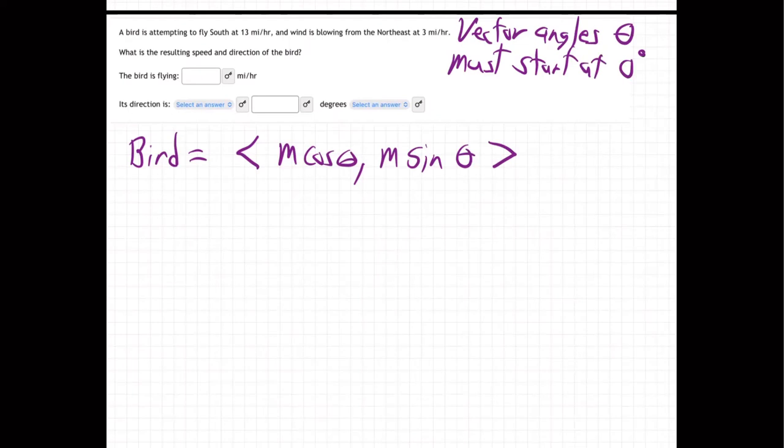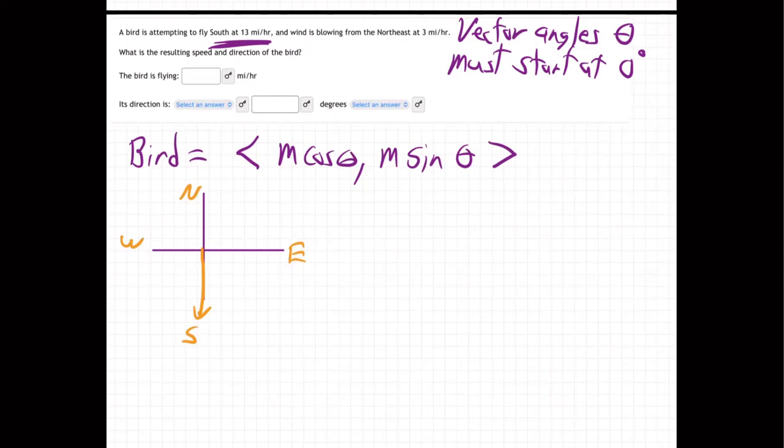Well, for the bird, let me draw the bird here. It says the bird is flying south at 13 miles an hour. So that bird, that crazy bird is flying south. Remember the north, south, east, west. So that bird is flying straight south. So there's two ways you could do this.